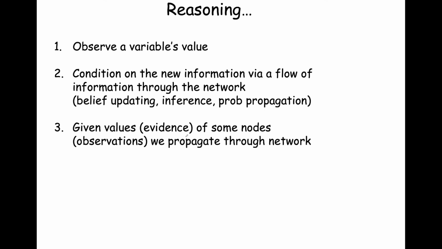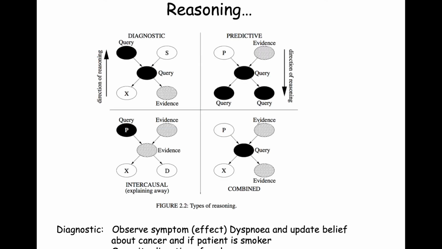Given evidence of some of the nodes in the BayesNet, you're going to propagate the result of those observations through the rest of the network in order to make reasoned judgments based on the resulting probabilities. Okay, and so one type of reasoning is called diagnostic. In this diagram, we call the evidence the thing that you're going to condition on. And so here we have dyspnea as our evidence.